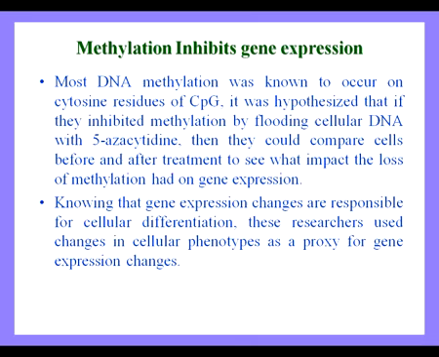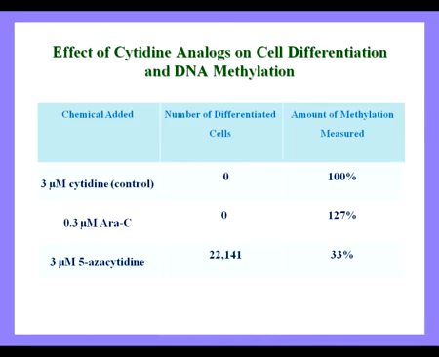Knowing that gene expression changes are responsible for cellular differentiation, these researchers used changes in cellular phenotype as the parameter. When they cultured cell lines, any change in the phenotype of the cell was taken as a proxy for gene expression in the cells.